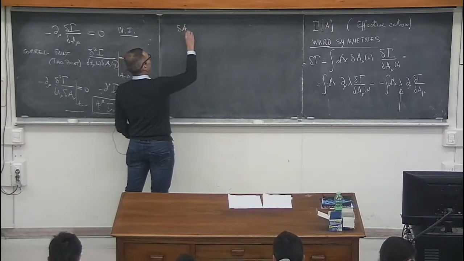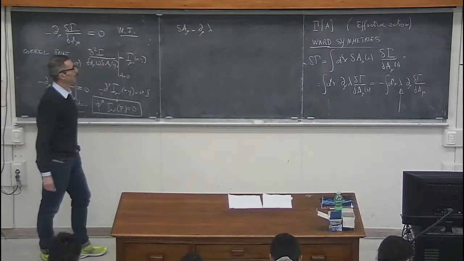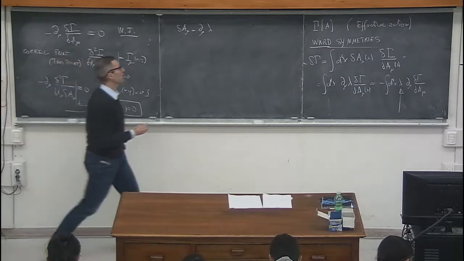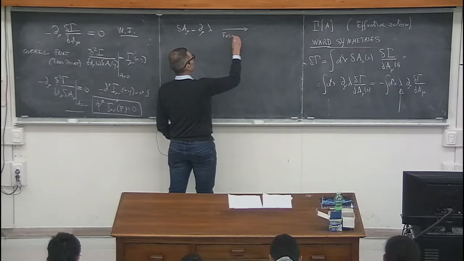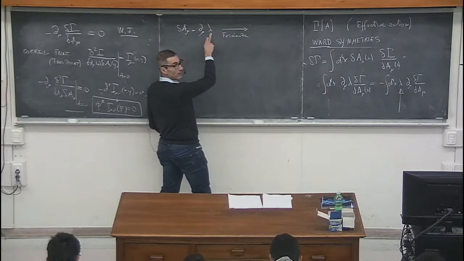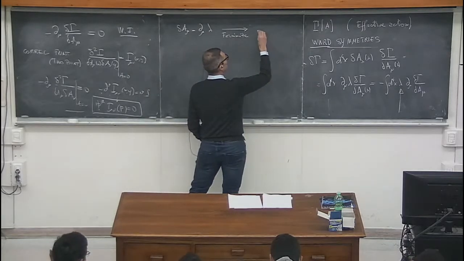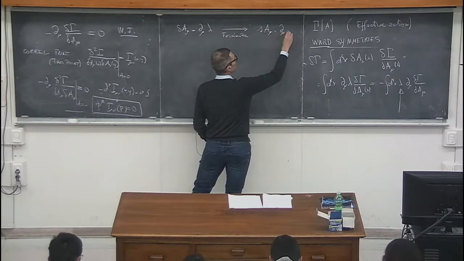So we have the gauge field, which transforms under the gauge transformation in this way. And I do the following. First of all, I fermionize the gauge parameters, so this gauge parameter becomes an anti-commuting object. Let me write it down this way: S of A mu is d mu of c.